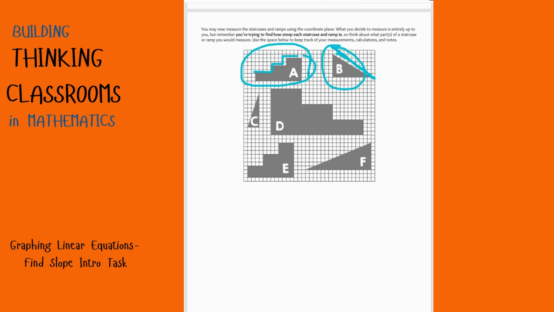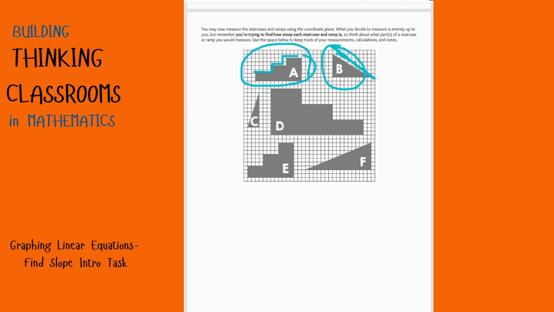It was interesting to see where their thoughts were at as far as how they were counting and how they were determining. Now, when we get to the point of students sharing out and asking students to share their order, keep in mind that some of these slopes are positive and some are negative. So be aware if you want them to take negative and positive into consideration, or if you just want to focus on the steepness as far as the actual slope regardless of the sign.